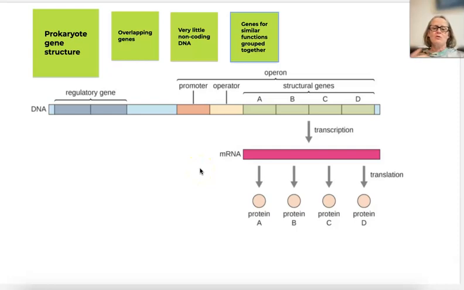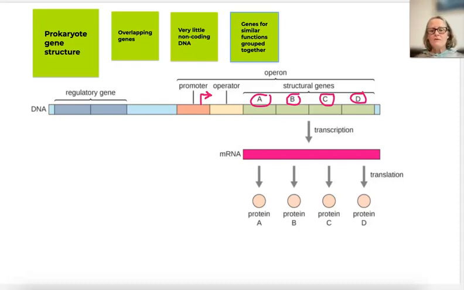So you can see in this picture we have what's called an operon, and an operon is a group of genes. You can see 4 genes here, A, B, C, and D, and they are all going to be controlled by one promoter region. So here is our promoter. You can show that with a little arrow like that, saying join onto the DNA here and let's copy the information that we need from these 4 genes.